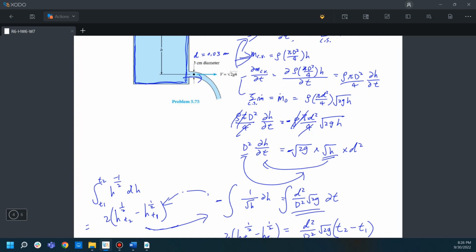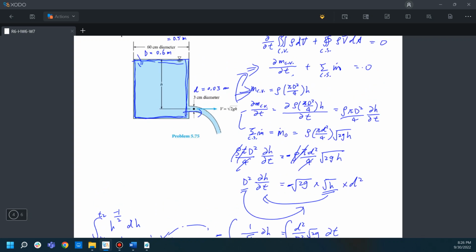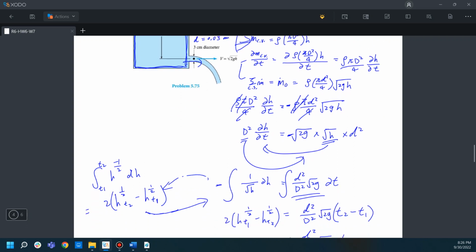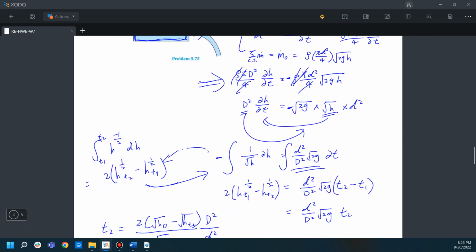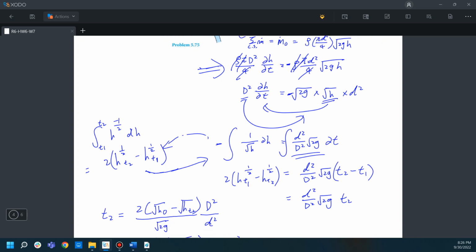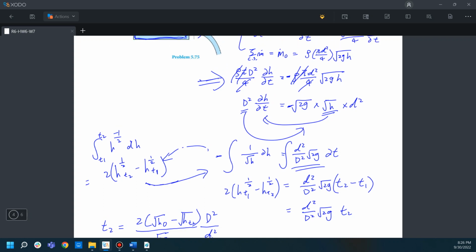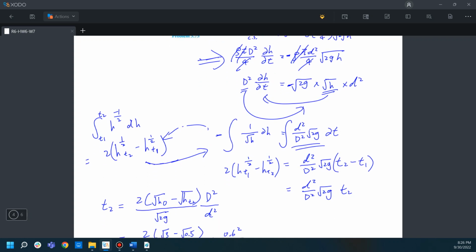Then you plug these two terms back into the continuity equation, and you get this one. You do some simplifications and use the separation of variables strategy to do the integration. But be careful that when you do the integration, you need to use the right sign.